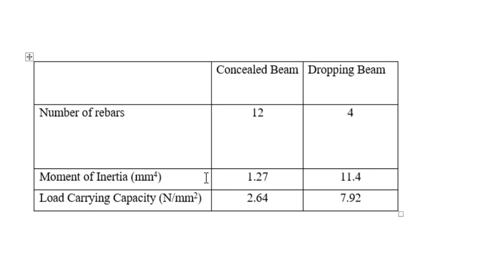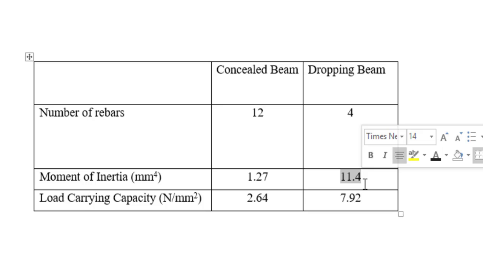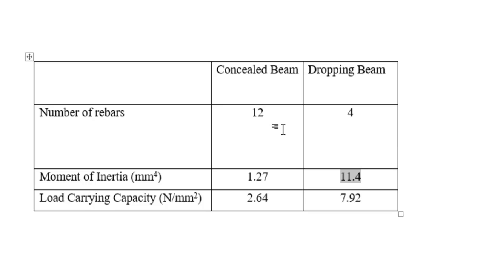So in order to achieve a moment of inertia that will give you the kind of stability a drop-in beam has, you will have to increase your moment of inertia from 1.27 up to 11.4. Can you imagine the number of reinforcements, the quantity of concrete, and even the width of the beam it would take to achieve this? You would waste a lot of concrete, not even reinforcement this time.